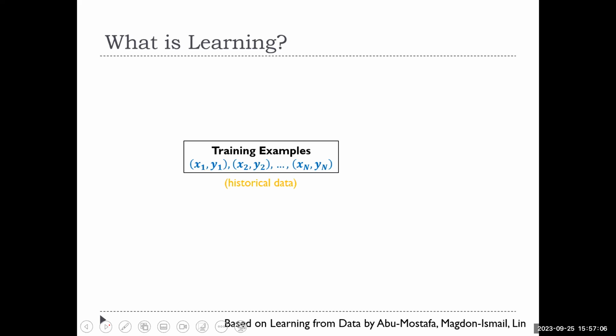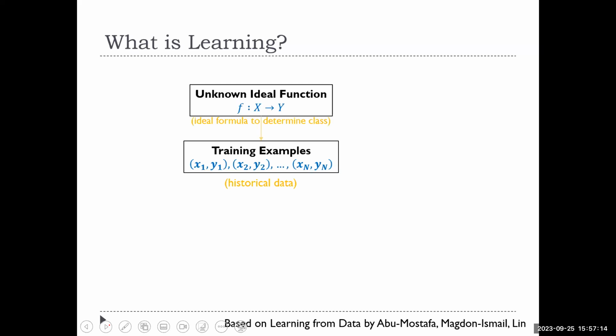By looking at the historical data, what we try to do is, actually there is an ideal function based on the real scenario, which we don't know. And there are times that we cannot know either. For example, to give a credit or not. If a person is likely to default, we should not give credit.